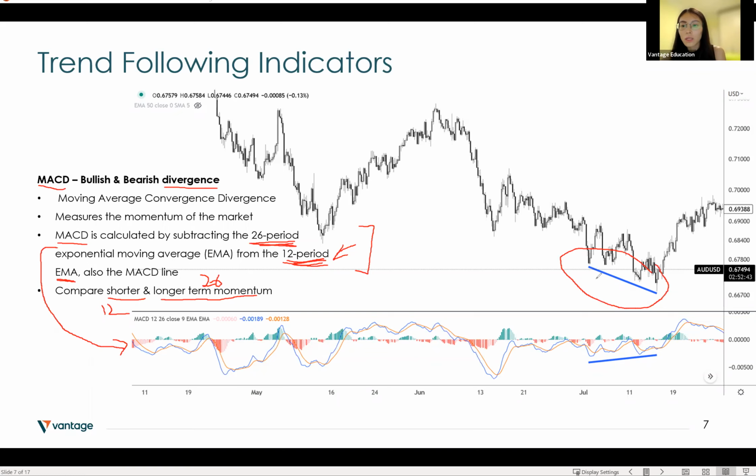And how so? You can see that prices are pushing to form lower lows, whereas this indicator itself, the MACD, failed to make a new low. If you look at the lows, prices are forming lower lows over here, but for the MACD, you can see that it is actually forming higher lows. So there's a divergence. Essentially, they're moving in different directions. This is the idea of divergence.